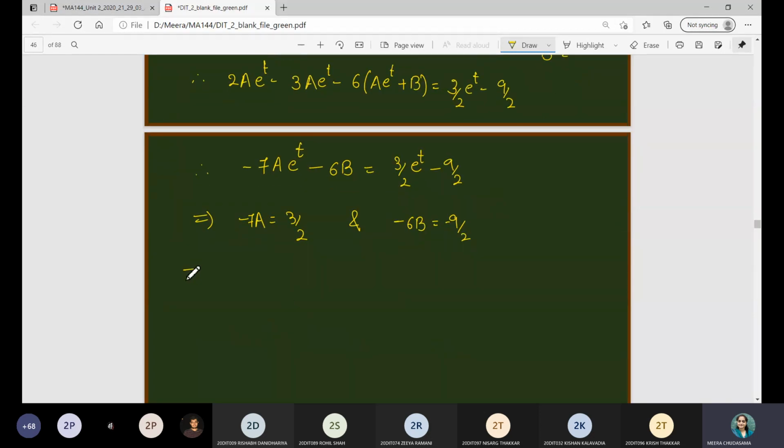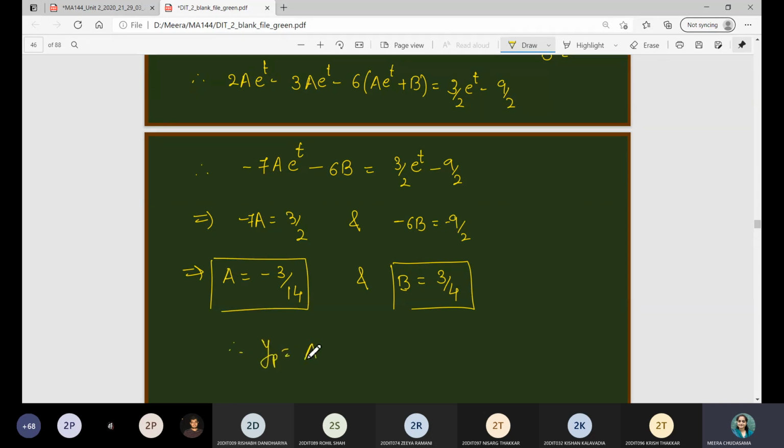So in that case, a will be minus 3 upon 14 and b, simplification, it is 3 by 4. Right? This will be 3, this will be 2. When it goes to the other side, it will be this one. Therefore yp, which is a e raised to t plus b, will become minus 3 by 14 e raised to t plus 3 by 4, right?